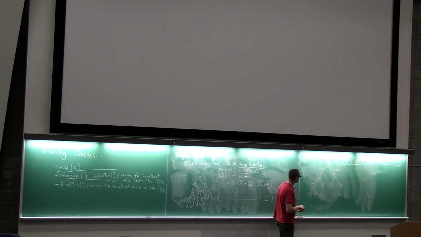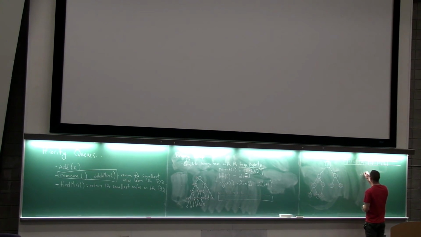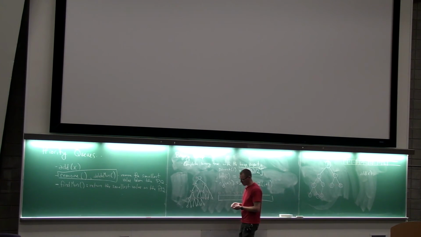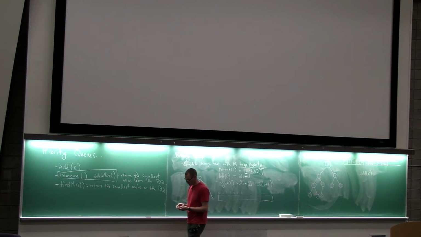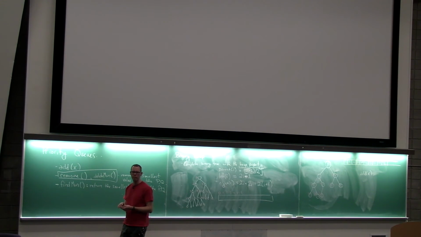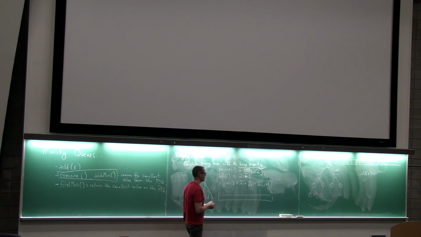Okay, so let's see what we want to do. We would like to add values. Let's say we want to add a new value, x, to the heap. So, any suggestions on how we go about doing that? Yeah.